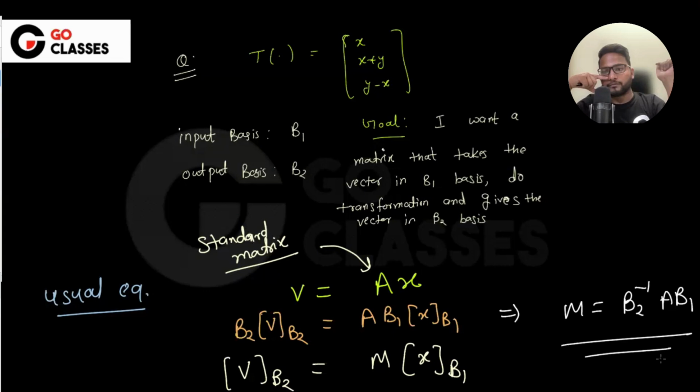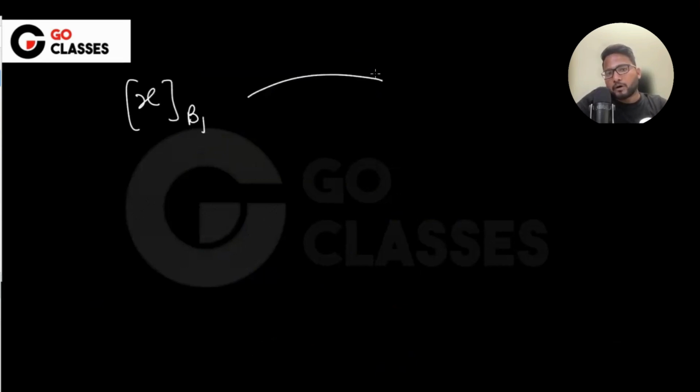You have that. Okay. Now, just one more last thing. Let's suppose I have this x that is in B1, and I want to convert x into B2. Can you tell me what is the matrix which I need to multiply here?